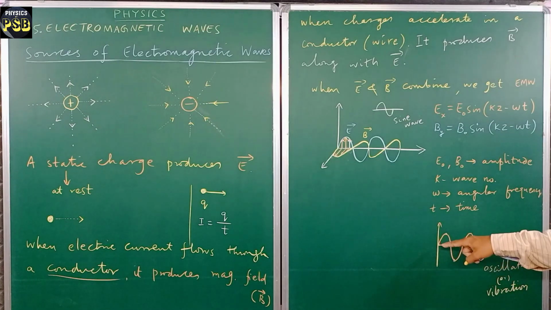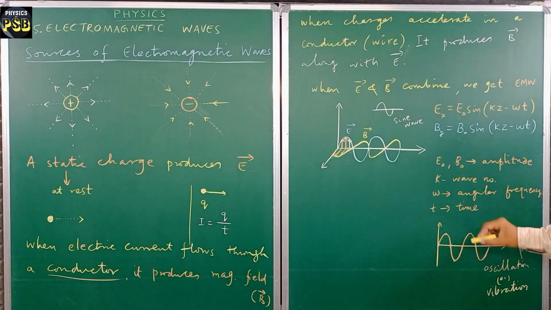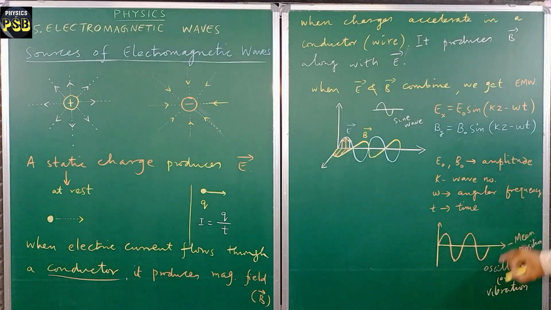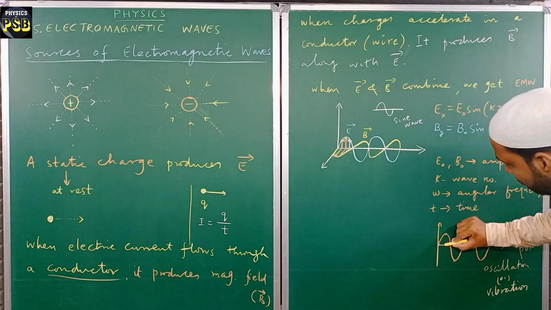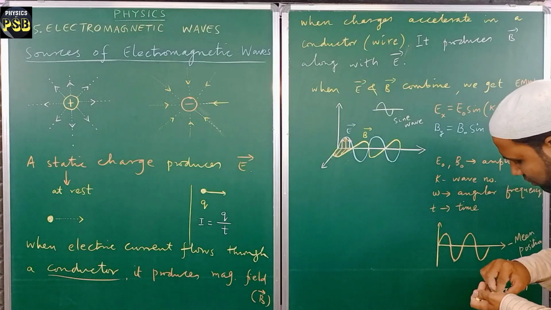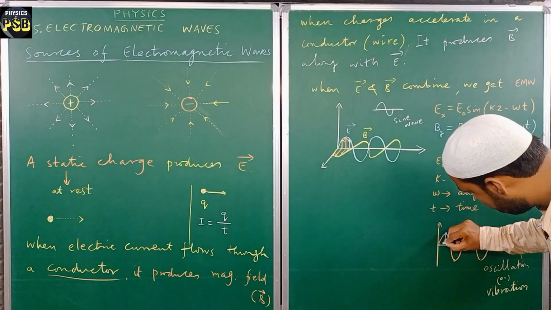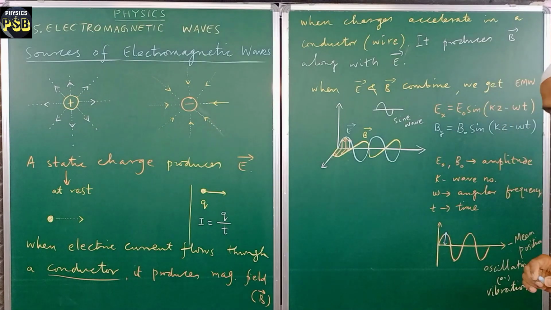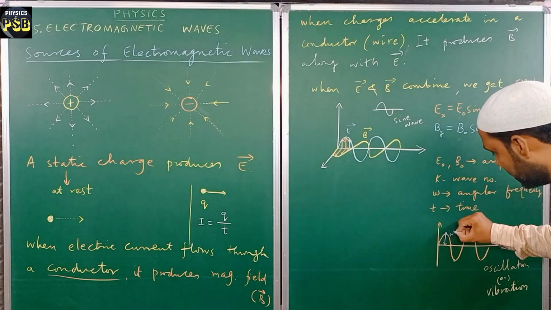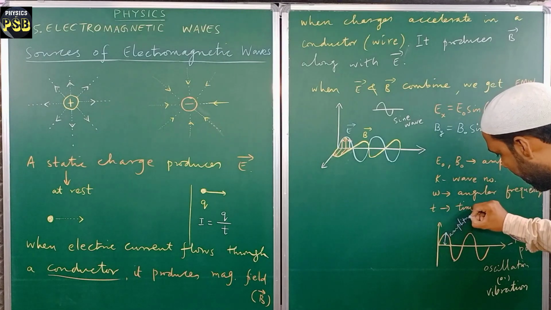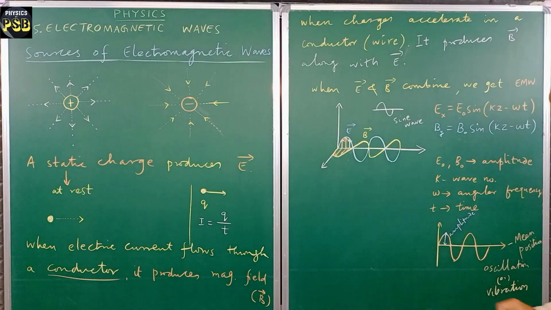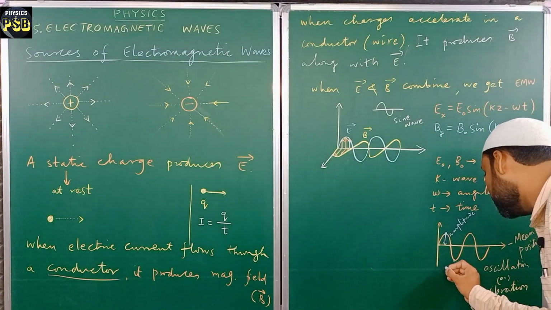In case of this wave, usually to represent a wave we use this diagram. Height of the wave from its mean position is taken as amplitude, and here the distance between two consecutive points.